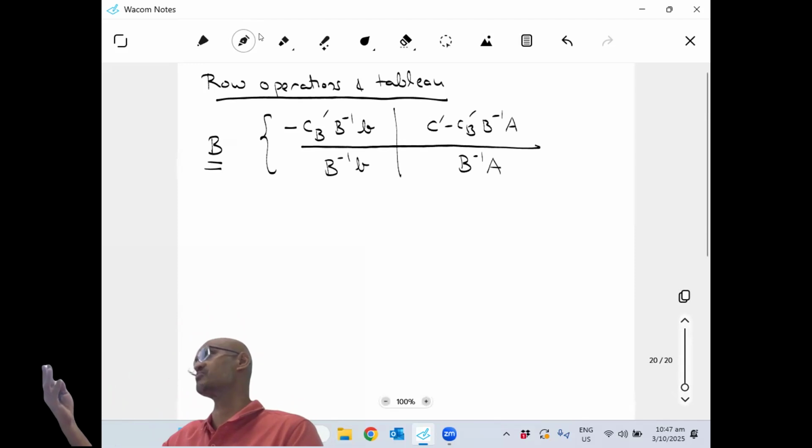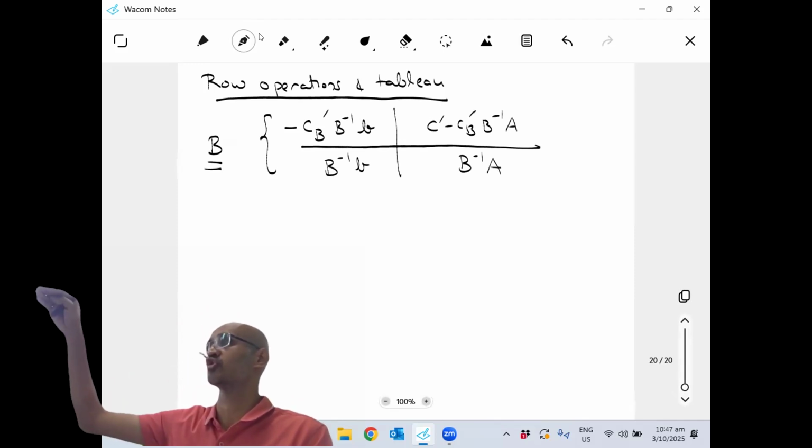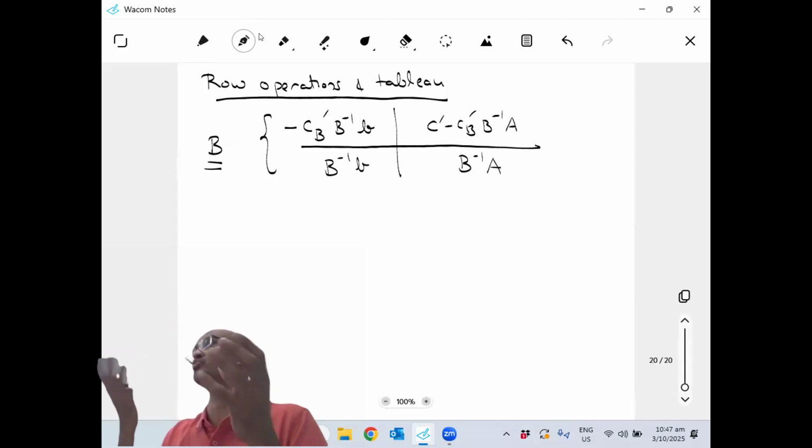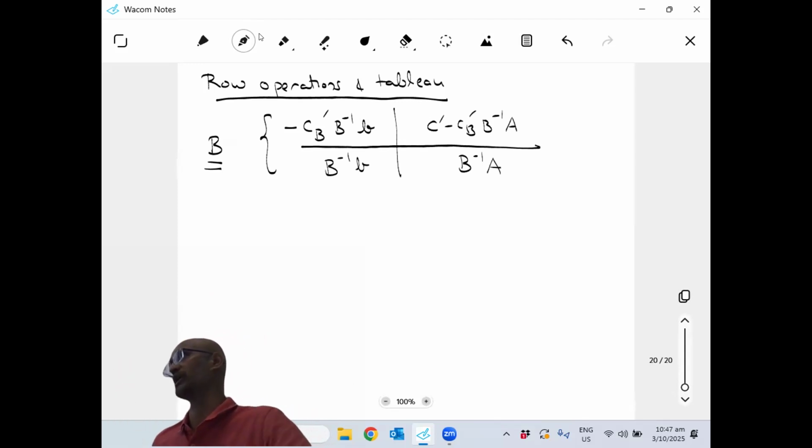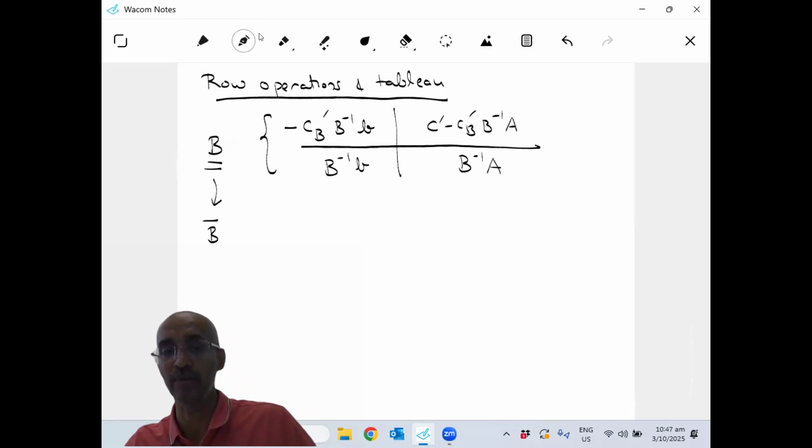If I decide to change my basis, so I move to a new basic feasible solution, I require this tableau to be correctly updated. So when I go from B to a new basis, let's call this B bar, it should be the case that this tableau is actually doing this.